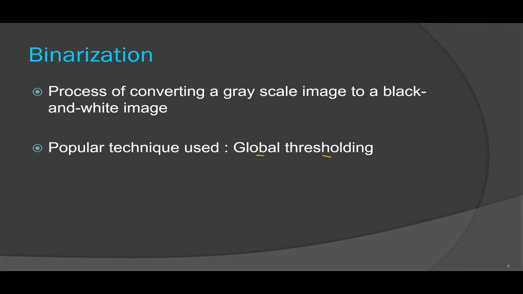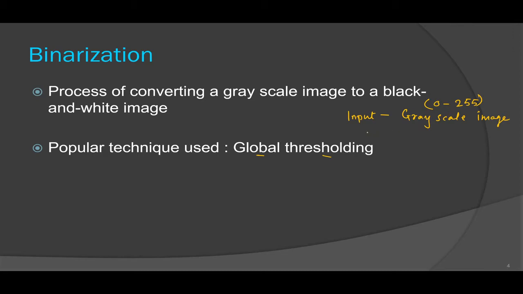In this operation, the input is a grayscale image, and we know the grayscale image has intensity values that range from 0 to 255. We are going to convert it into the binary form with only two intensity values, black and white.